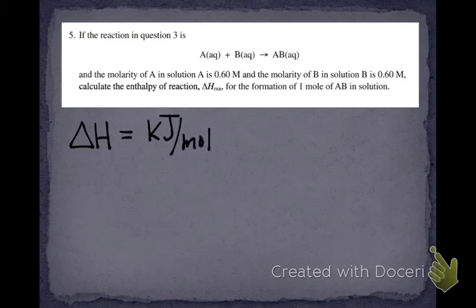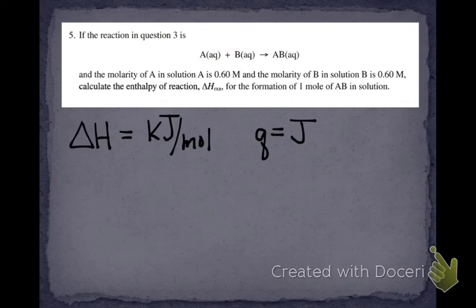Now you calculated your Q in joules, so you're going to need to convert the joules of Q to kilojoules. And then you also have to make sure that you calculate the number of moles that you have so that you have your delta H of reaction in kilojoules per mole. Okay, that's how delta H is measured. So that's just a little bit of background.